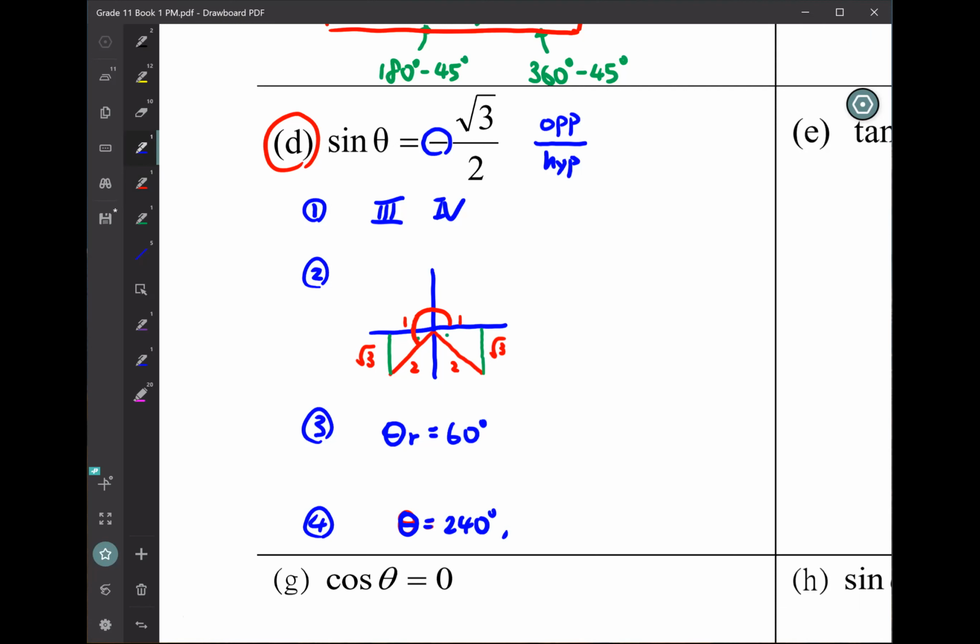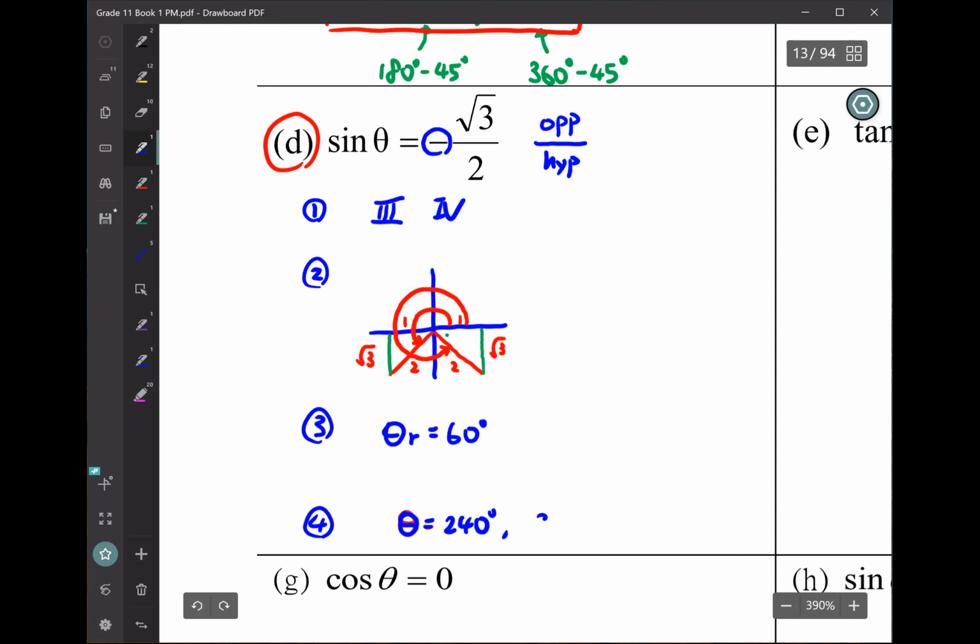Okay, and Chris, how do you get a second one? I use 270 plus 30. Okay, that also works. Or you can use 360 and then what? Minus 60. Yeah, minus 60. That way you don't need to calculate the other side. You just only use the reference angle.